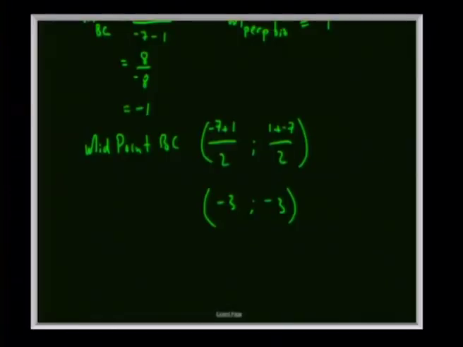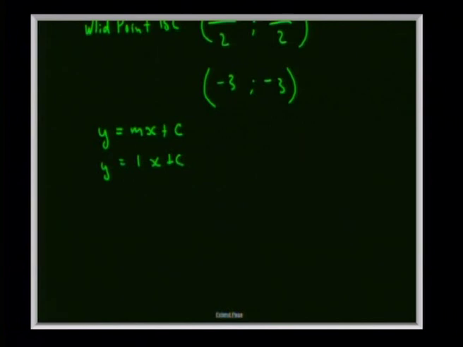Let's see what the equation of the line will be. Just for those of you who prefer y equals mx plus c, I'll do it that way. So we have y equals mx plus c. We've got the slope of our line, which is 1. And we are now going to substitute the midpoint, which is -3, -3.